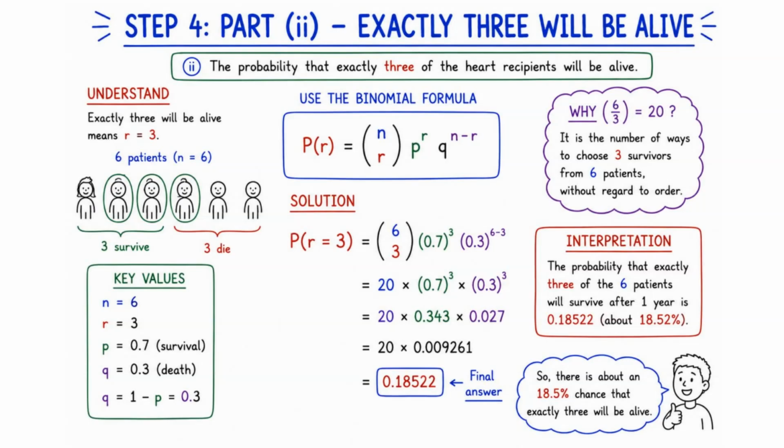That means that there are 20 different ways of selecting 3 survivors from 6 patients.